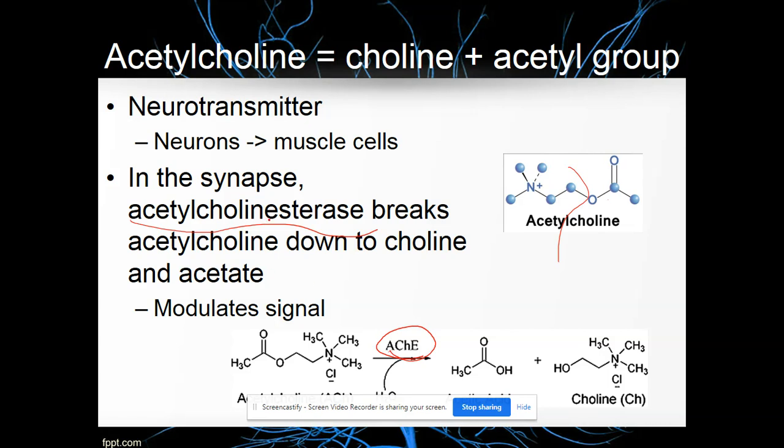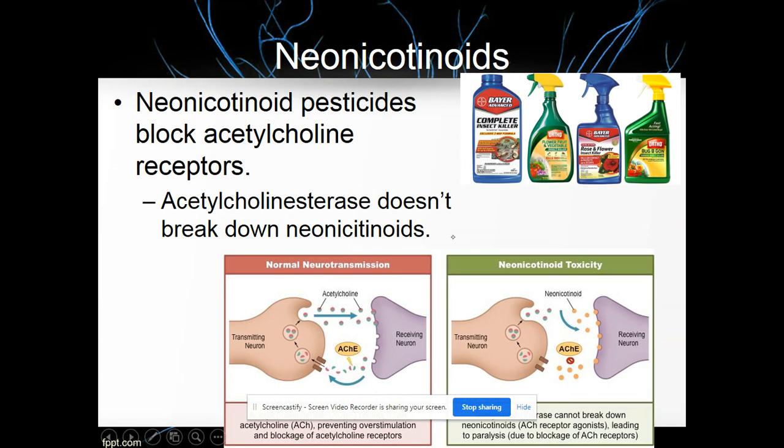But if we are a bug and we're trying to eat a plant that has been treated with a neonicotinoid pesticide, then we are going to be blocking these acetylcholine receptors on the muscle cells.